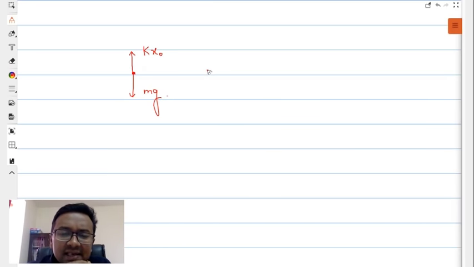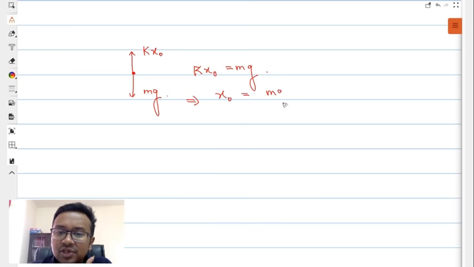So from this, it's the equilibrium position. x naught is going to be the same in that particular case. So kx naught is going to be equal to mg. Then my x naught will be equal to mg by k. In that scenario, the potential energy is going to be half k x naught square.